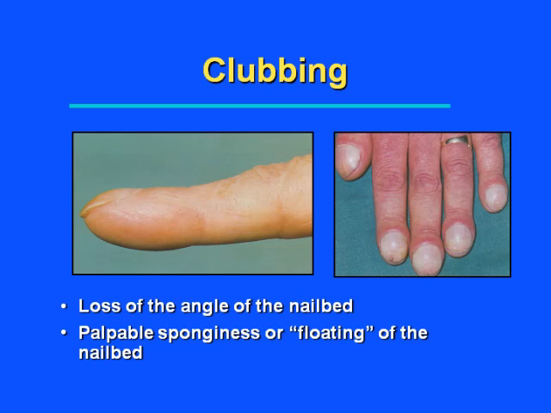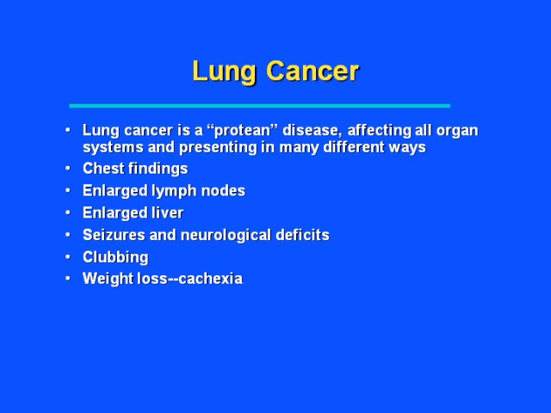So you look at the fingers laterally, kind of from the side, you lose the angle of the nail bed, and it's also a nice palpable finding, so that you sort of bounce the tip of your finger on the nail bed and you can feel the nail bed float or sort of bounce due to a kind of edema of the nail bed, and we don't really know exactly what causes that with a complete explanation. So look for that.